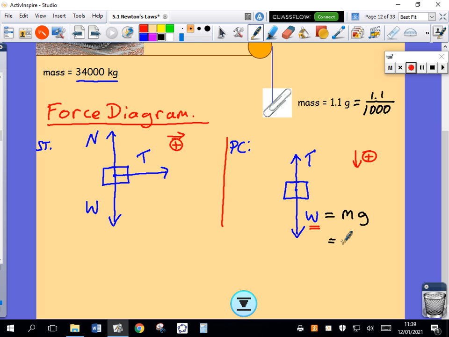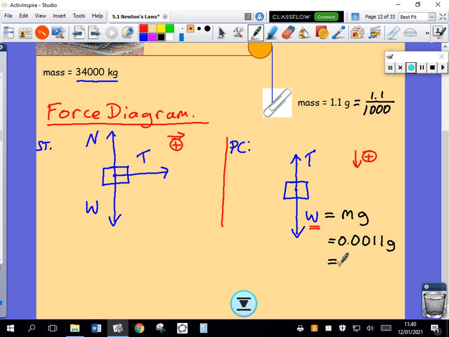So what we're going to have is a mass of 0.0011 kilograms times g. And maybe, just for ease, I might say g is equal to 10 here in this case. Let's take g to be about 10.